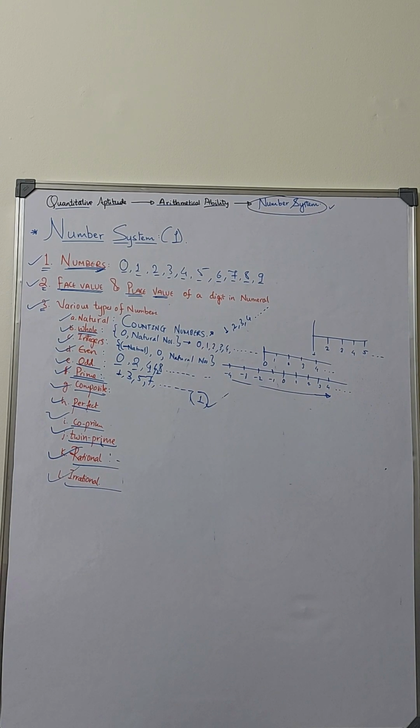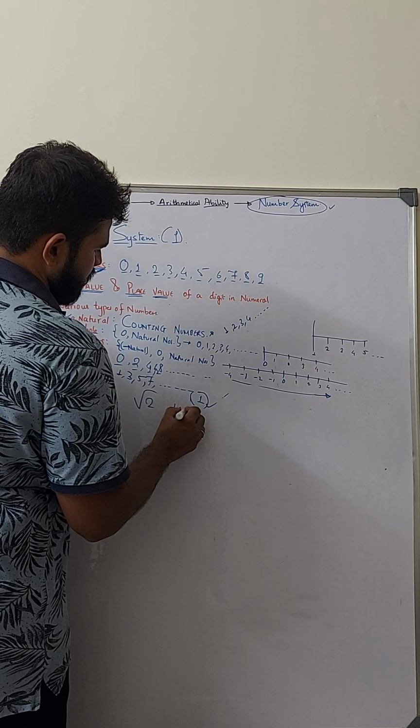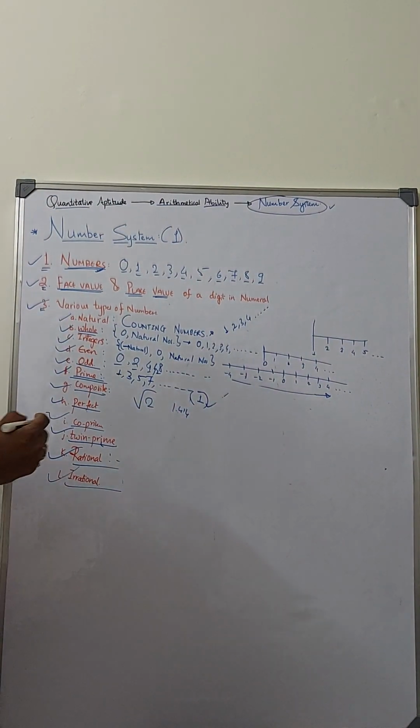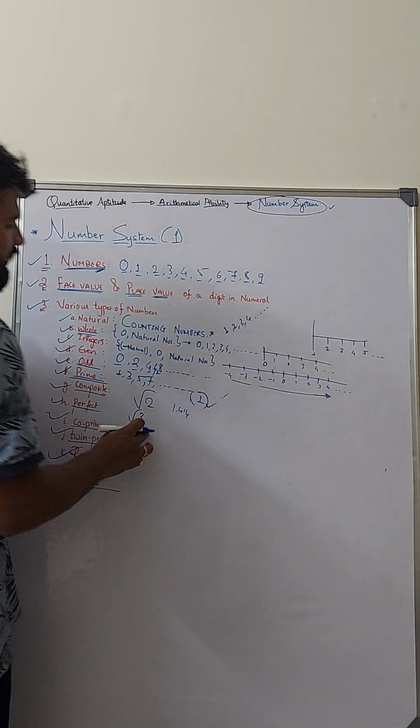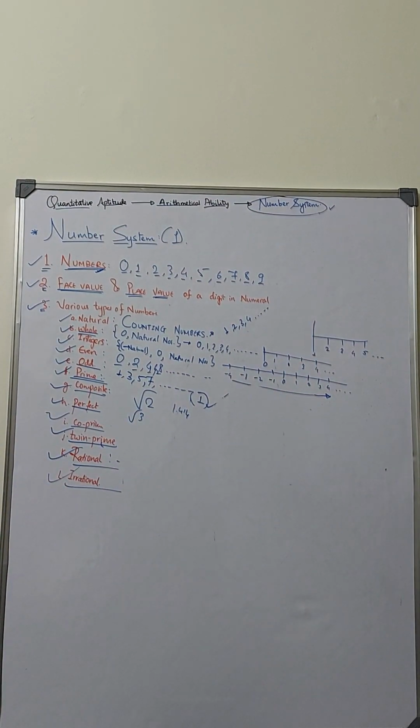When they are expressed in decimal, for example, what is root 2? 1.414, yes. And similarly root 3. These values, are they terminating or non-terminating? They should be non-terminating and non-repeating to be called irrational numbers.